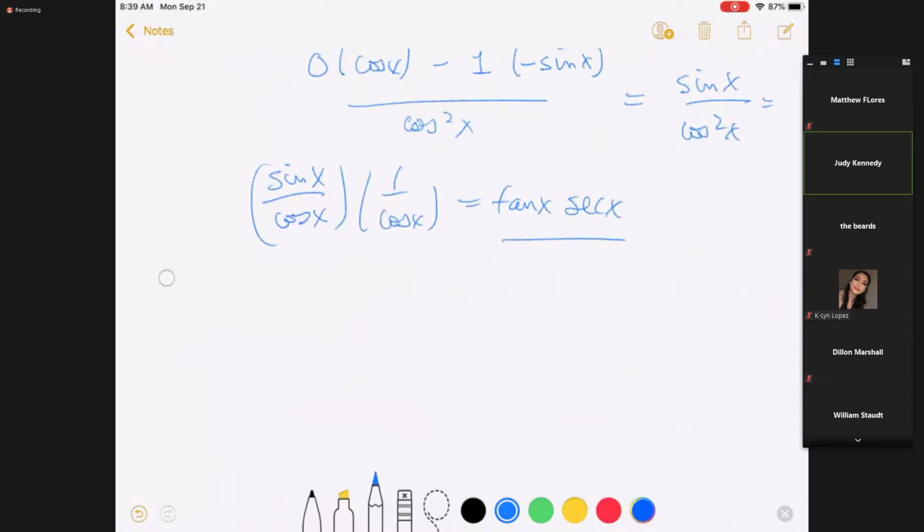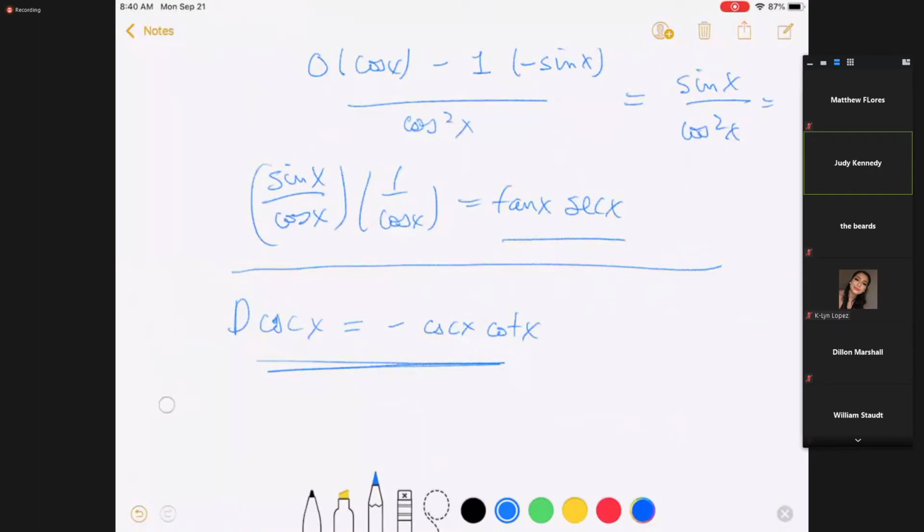So we have now the derivative of the secant, and the cosecant's very similar. In fact, I'll leave the details of that to you. The derivative of the cosecant is minus the cosecant of x cotangent of x.